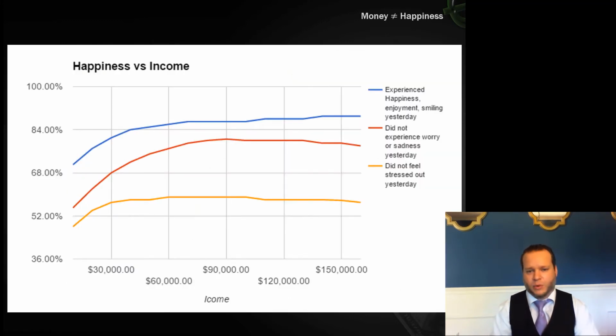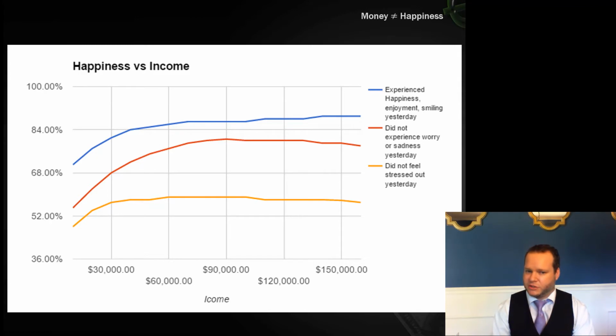Well, happily, more recent research has shed some light on the situation. So this is from a 2010 study. And what they found was that the more money you had, indeed, you did experience more happiness, less worry, less sadness, and less stress. That's what the three colors correspond to. So the higher the line is, generally speaking, the happier and better off people are.